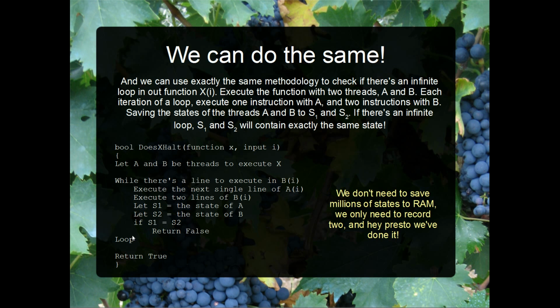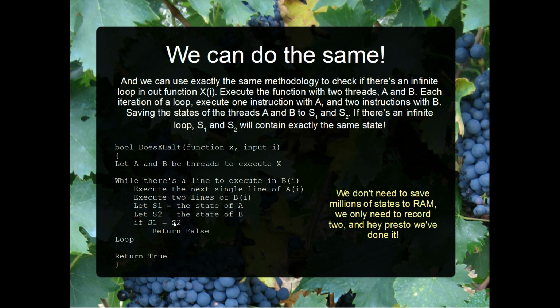And here's a bit of pseudocode. Let A and B be threads to execute X. That's very pseudo, that code. I don't think there's any language like that. But pseudoness aside, the next line: while there is a line to execute in B, execute the next single line of A, execute 2 lines of B, let S1 be the state of A, let S2 be the state of B. And once again that's the complete state, all of the variables and all of the internal CPU registers and that sort of thing.